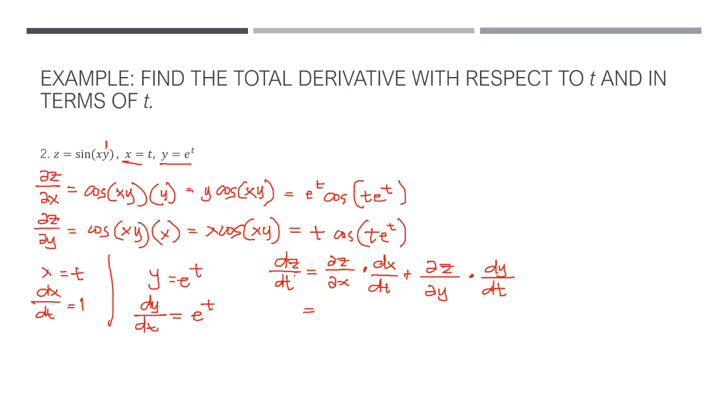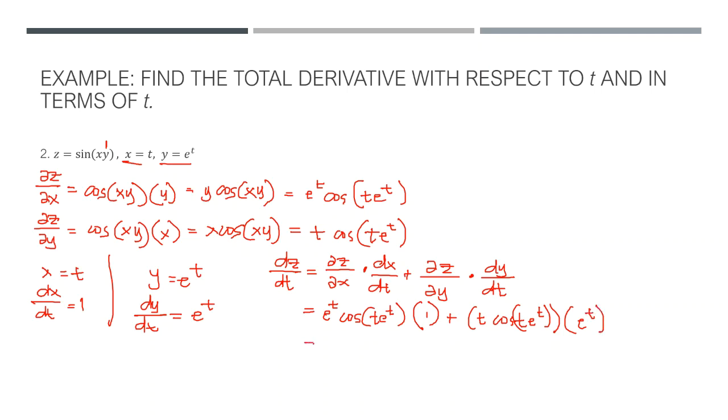So substituting the values, we have the partial derivative of z with respect to x is e^t cos t e^t, times our dx, which is 1, plus the partial derivative of z with respect to y is t cos t e^t, times the derivative of y with respect to t, which is e^t.